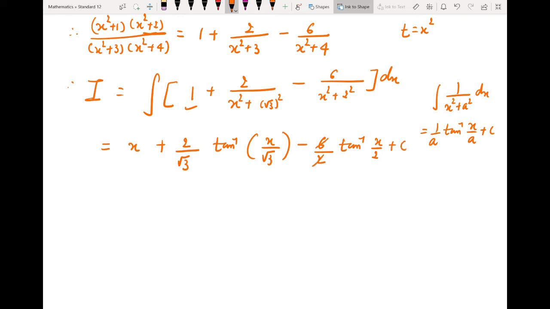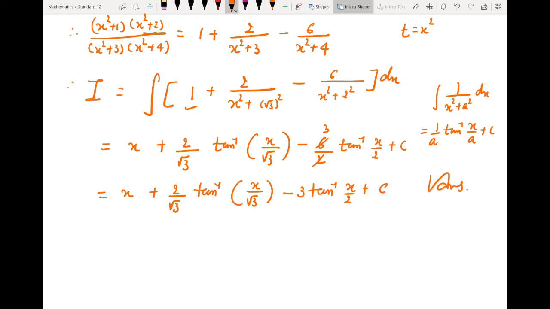So 2 3s are 6. So the final answer is x plus 2 upon root 3 tan inverse x upon root 3 minus 3 tan inverse x by 2 plus constant of integration.